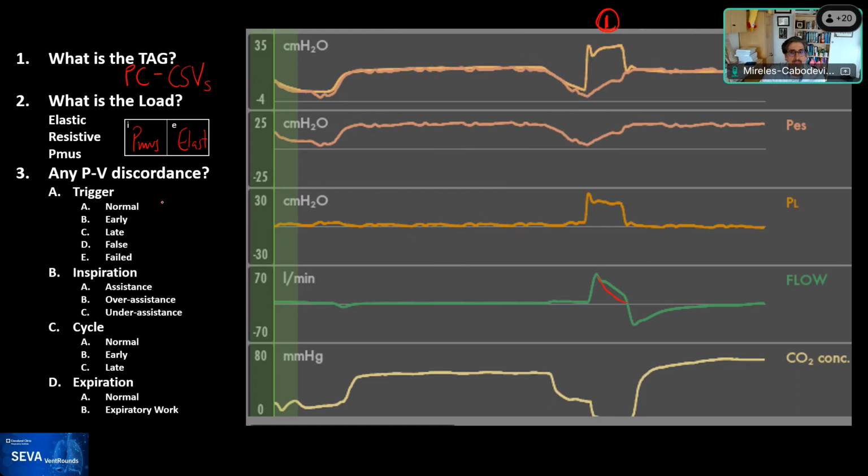All right, so what PV discordance do you see in terms of trigger? Anybody write what you see? All right, I see one answer, two answers. Keep coming, have no fear.